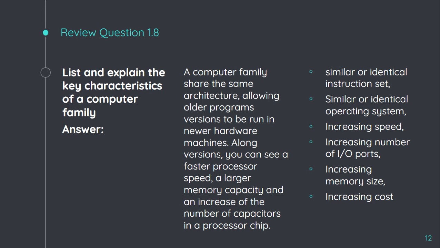There is an increase in the number of ports going from lower end to higher end. The fifth is increasing memory size. The size of the main memory grows from lower end to higher end. And the last one is increasing cost. The cost of the computer goes up when going from lower end to higher end.